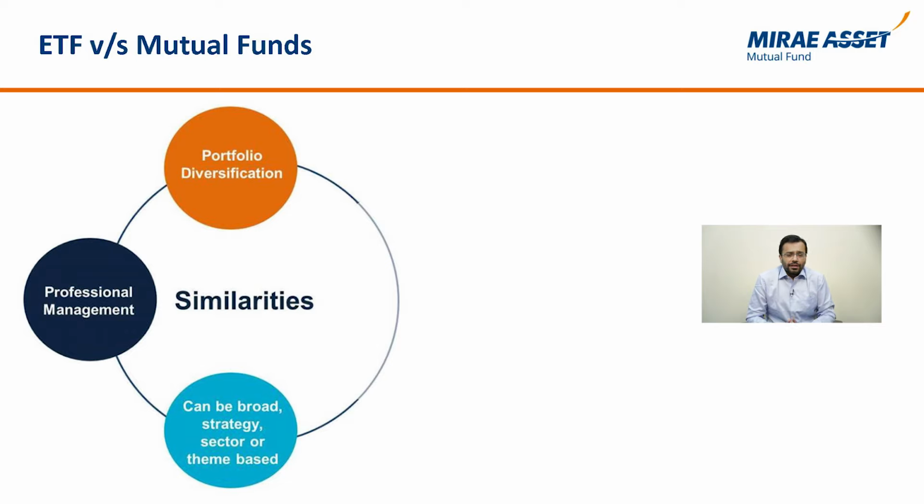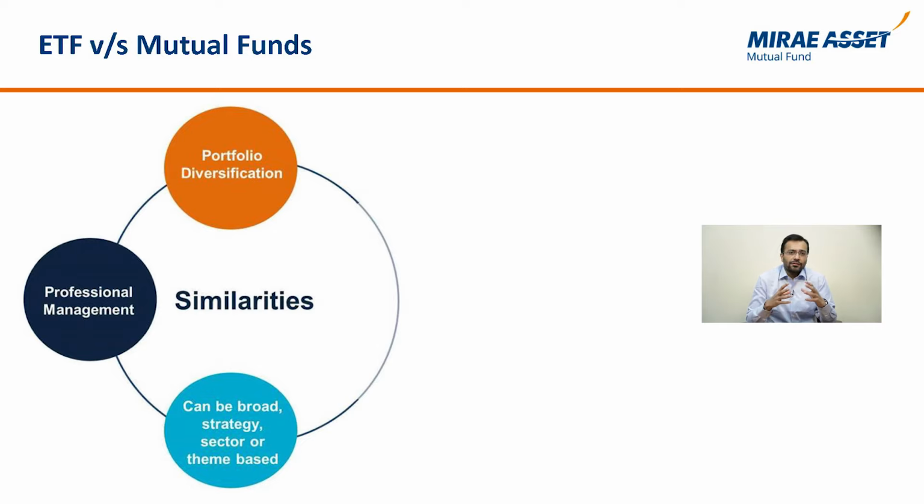Now friends, what I would like to do is share a slide which shows how ETFs and mutual funds are similar to each other and how ETFs are different from mutual fund schemes. So, the similarities of both these products. The first similarity is professional management.